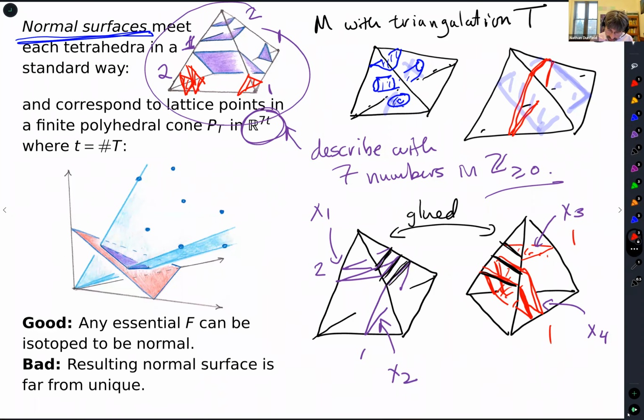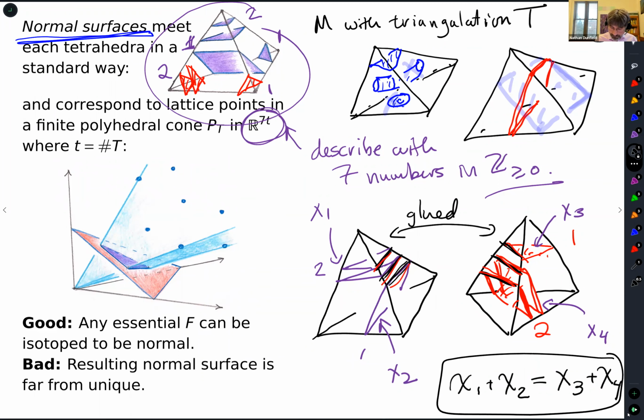So I change this to 2. The fact that I was able to match up these things in this corner when I glued up is actually the statement that x1 plus x2 is equal to x3 plus x4.